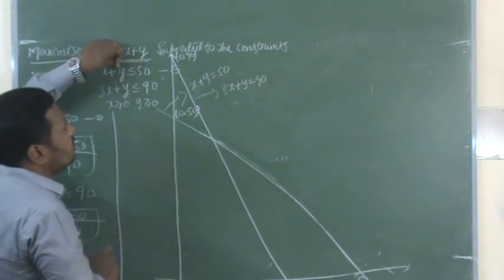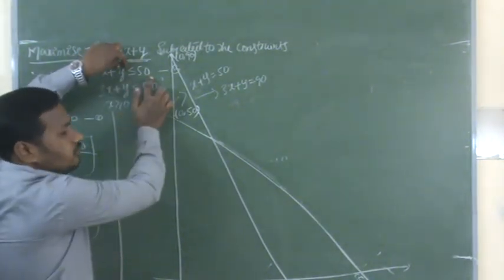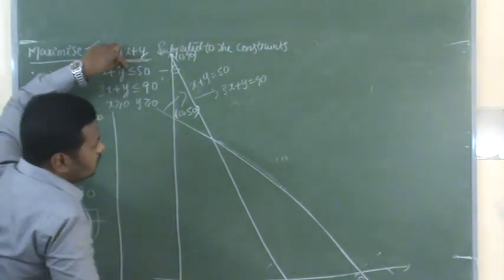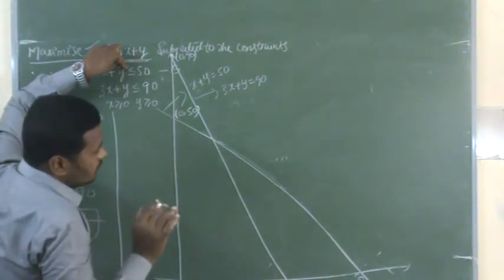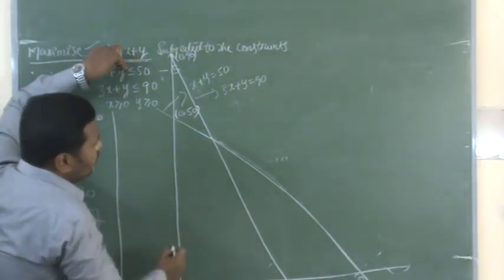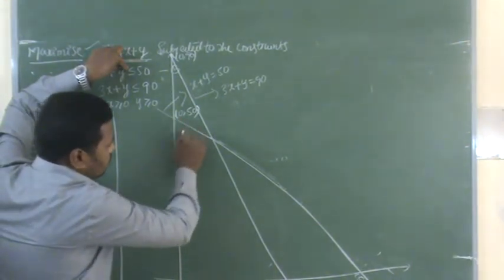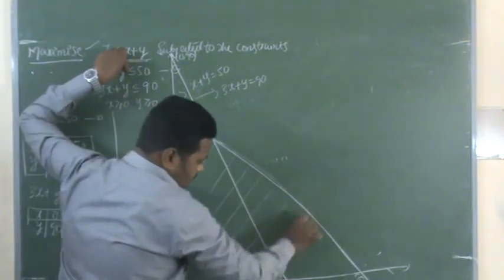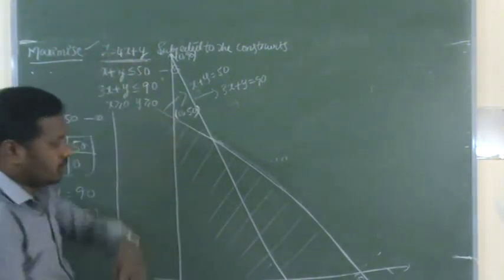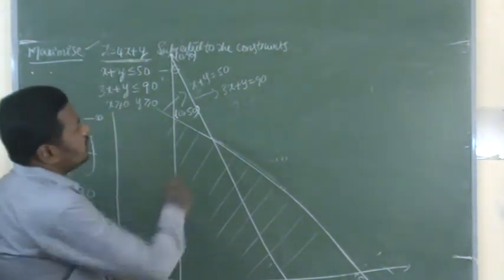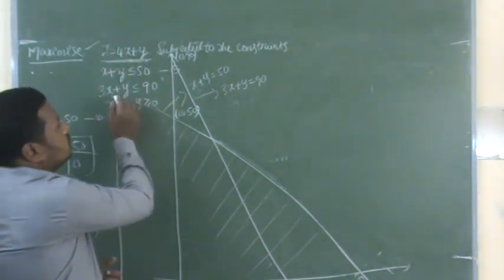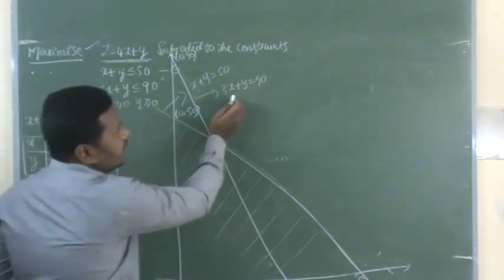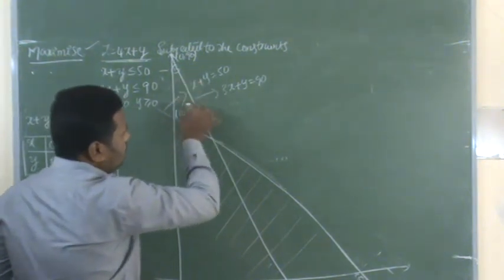We put x and y equal to 0 and get 0 is less than 50, which is a true statement, so the shaded region comes towards the origin side. For the second equation, 0 plus 0 is less than or equal to 90, which is also true. Therefore the shaded region again comes towards the origin side.